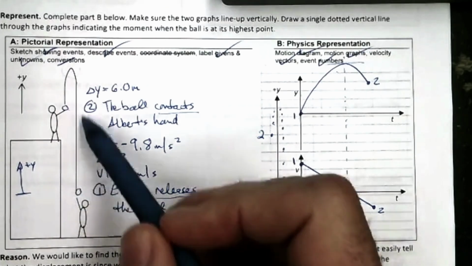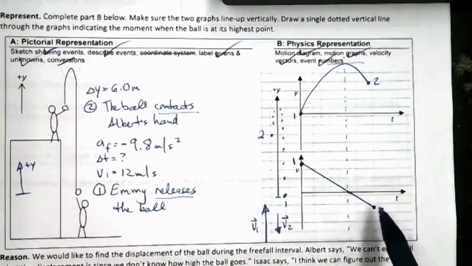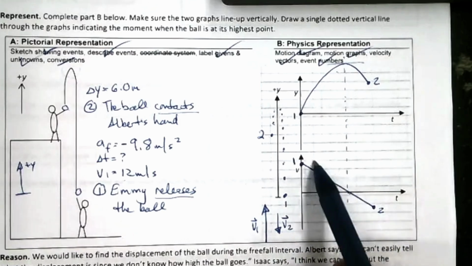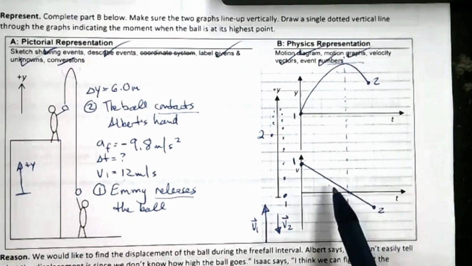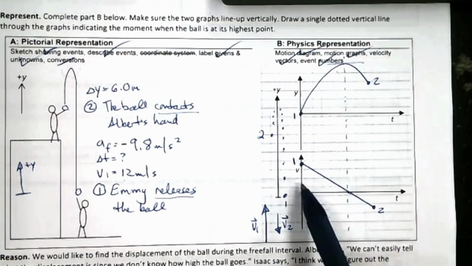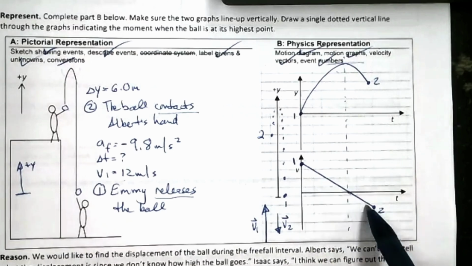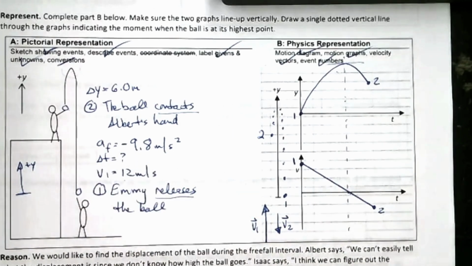And we can treat this as one interval of time for the purpose of our math work, because between events 1 and 2, the acceleration is constant. There's no difference between the acceleration during this interval and this interval. The slope of the velocity graph is the same here as it is here. It's a negative acceleration value, negative 9.8 meters per second squared.